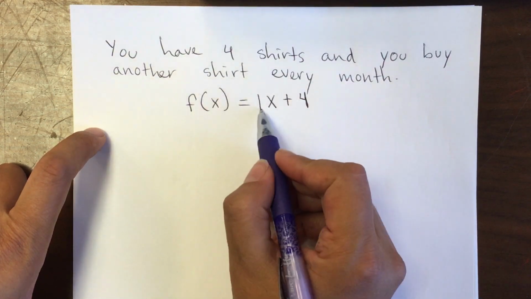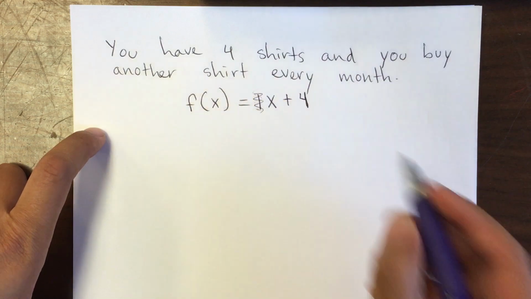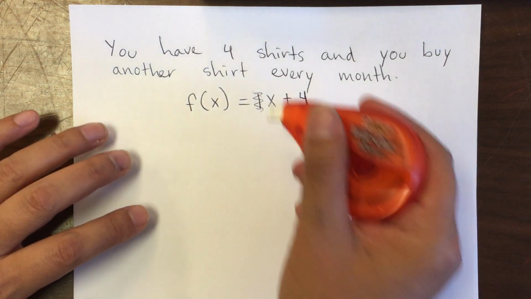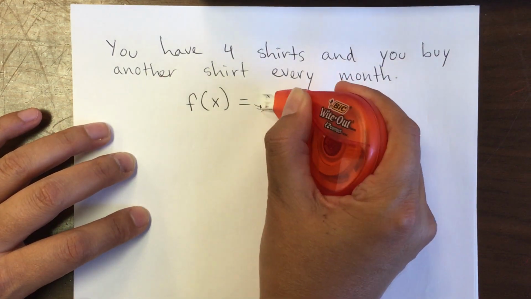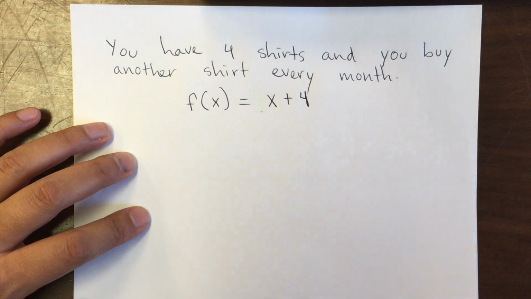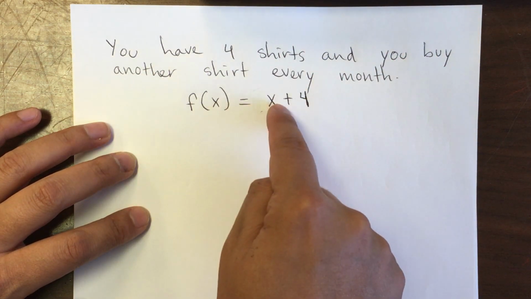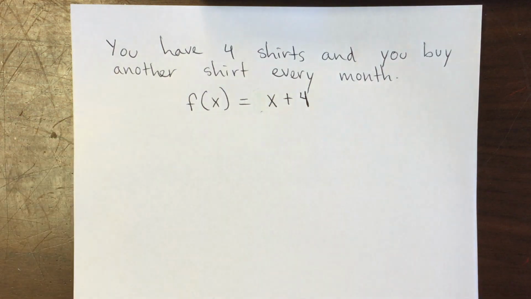1x. Now remember, this one you really don't need to write it down because coefficient 1 we don't include it in there. I'm just writing it so that you can identify and relate it to another shirt every month. Now if you feel more comfortable you can just leave it in there, but that's up to you.